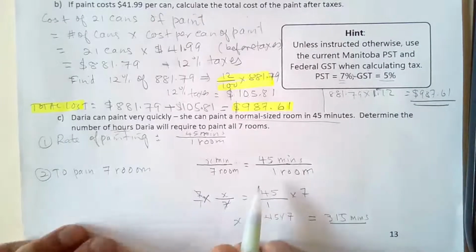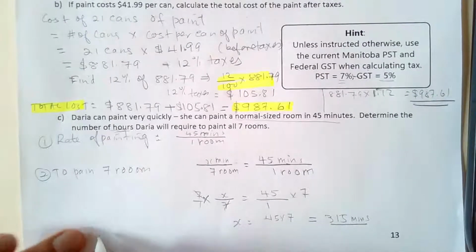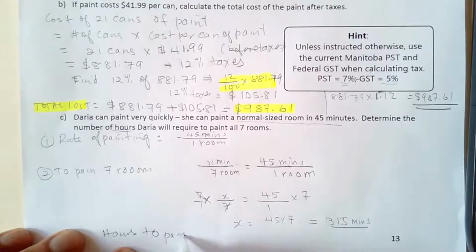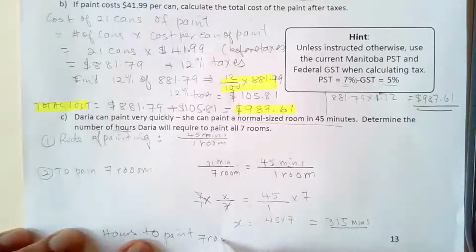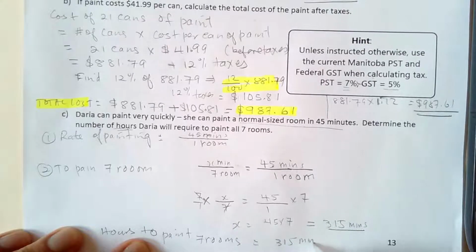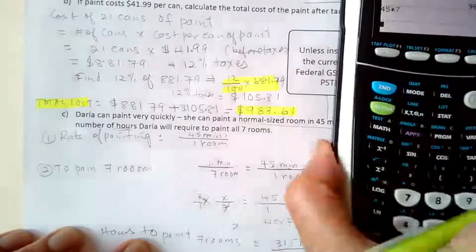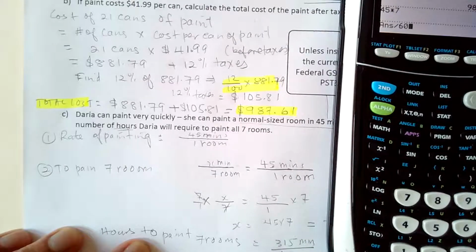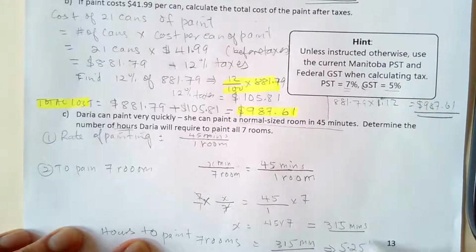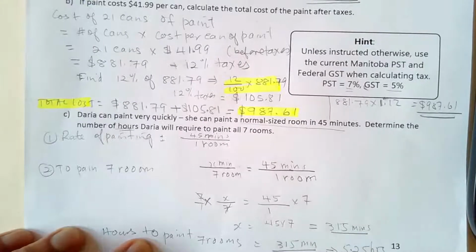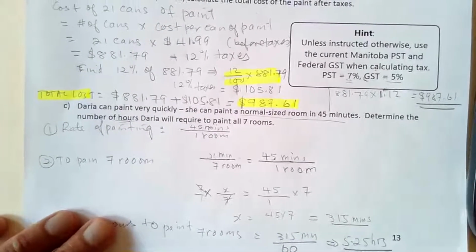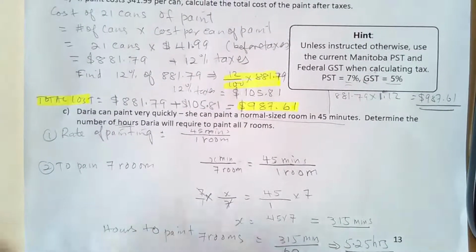So total number of hours, we divide it by 60, the 60 minutes in an hour, gives me 5.25 hours. So it will take Daria 5.25 hours to paint 7 rooms.